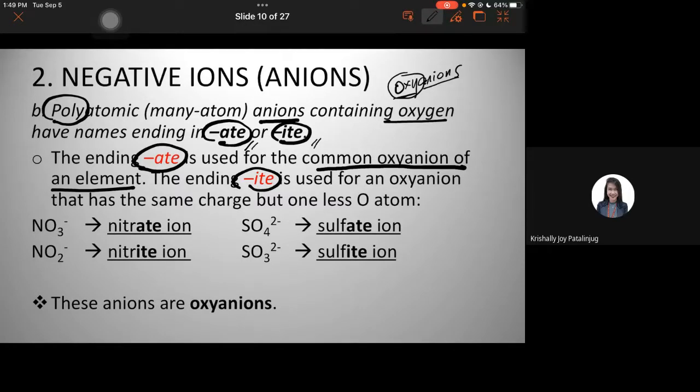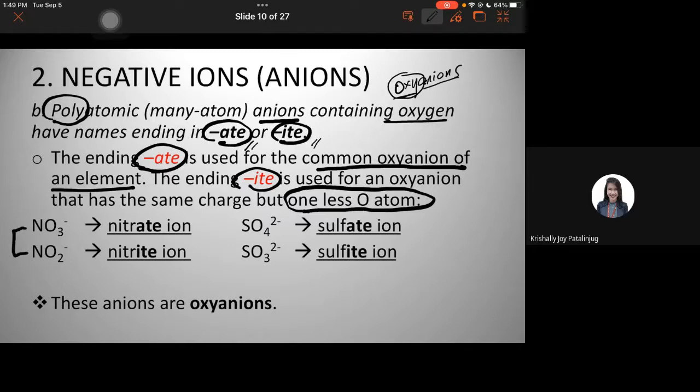How do you extract the ite form? It is used for an oxyanion that has the same charge but one less oxygen from the ate form. Okay, try to observe this.